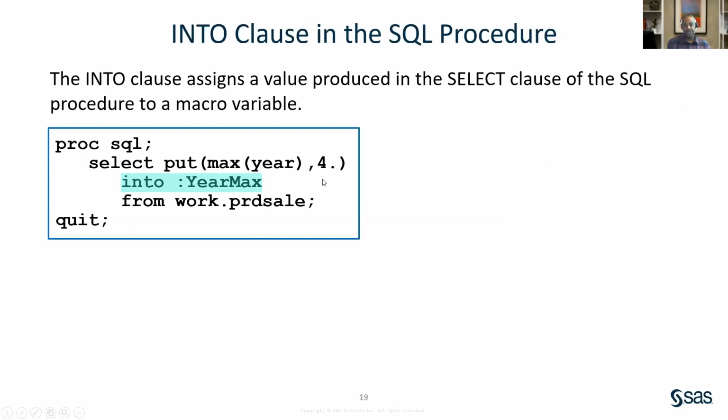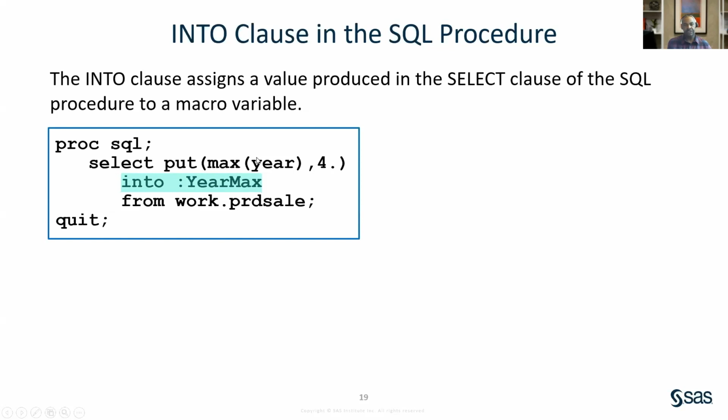The SQL INTO is another option to assign a macro variable value dynamically where you don't necessarily know what it looks like. In this particular case, I'm putting the maximum year from a data set called PRDSALES. Let's say I have several records in here. Whichever year has the highest value among the records, I want to put it out as a 4-byte character string.